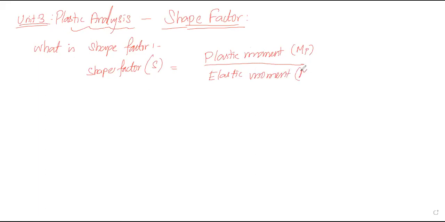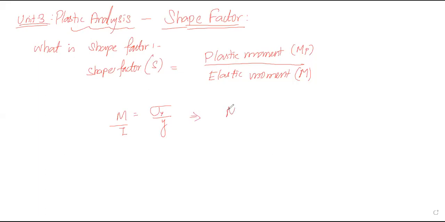So elastic moment we are going to denote by capital letter M. So now we all know that M by I is equal to sigma by Y. So the sigma we are going to call as yield stress, sigma Y. Okay.